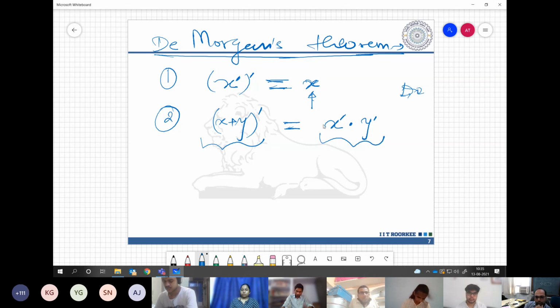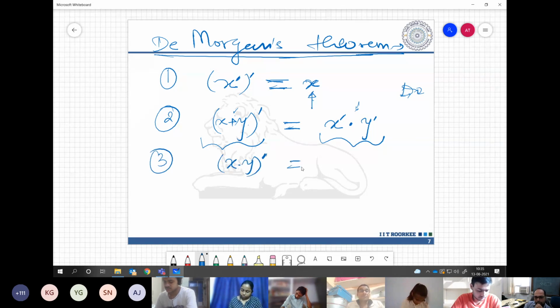So the variables are complemented, and the operator is also complemented. That is what I was saying as dual. Same is true with x dot y, and if you take its complement, this is exactly the same as x complement plus y complement.